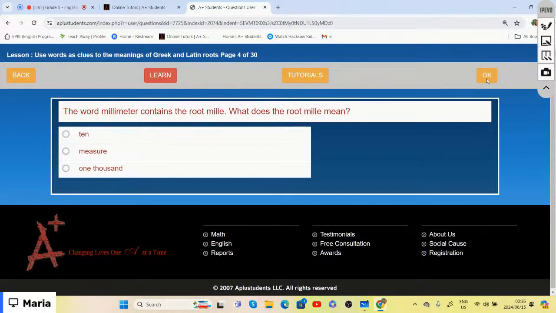Does it mean 10? Does it mean measure? Or does it mean 1000? Milli, in millimeters. What does it mean?